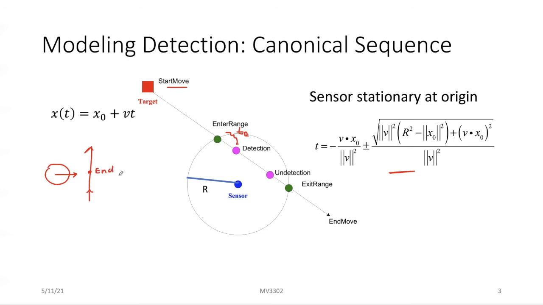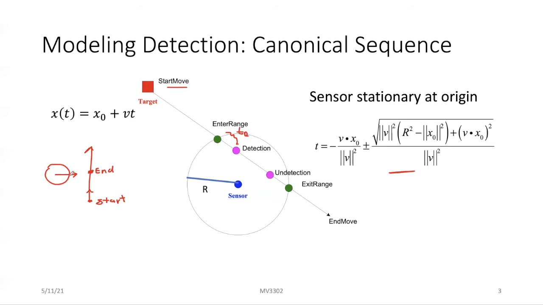When you do this calculation from the start move, there would be no intersection, because the target is moving so fast that the sensor is not going to reach it. But then sometime later, instead of continuing, it decides to end its move right here.